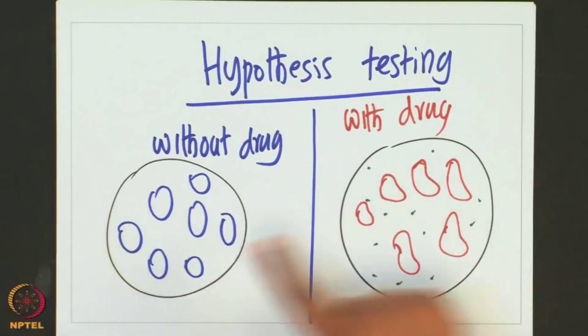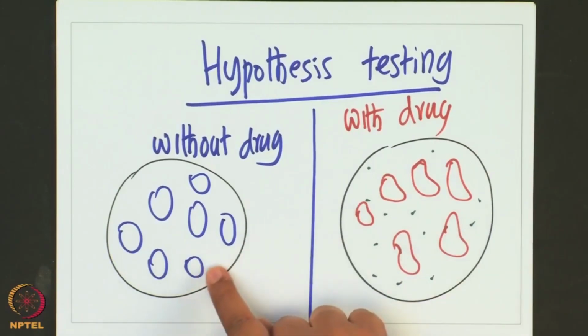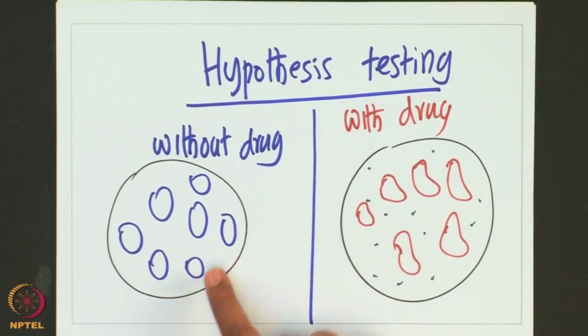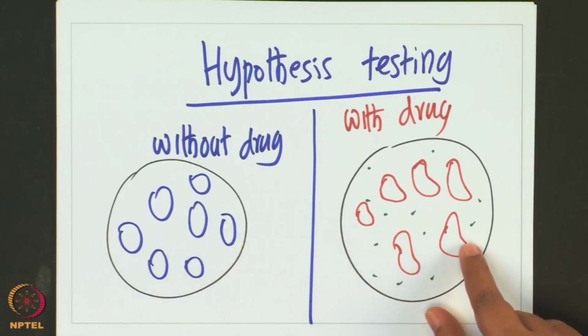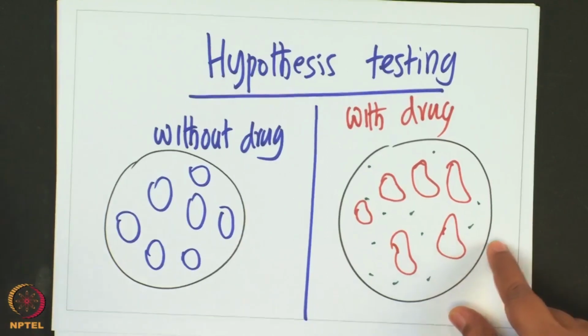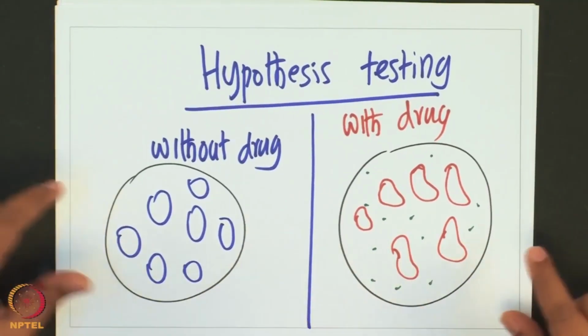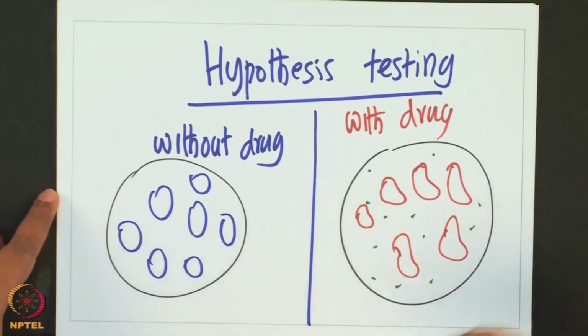Now, if you measure some quantity, like let us say the area or the gene expression of a particular gene in this population versus this population, you would want to test whether they are behaving similarly or differently. So, with and without drug, are they behaving differently or similarly? This is an obvious question that you would want to ask.